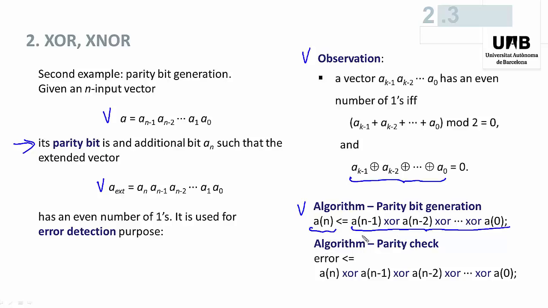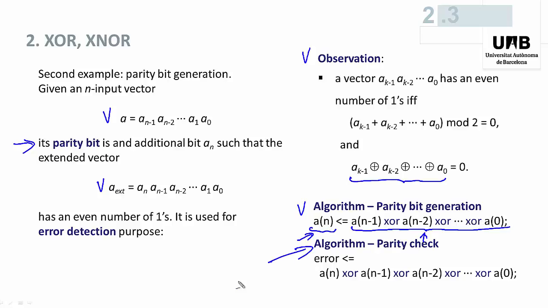On the contrary, if there is an odd number of 1s in this set of components from an-1 down to a0, then the XOR function will be equal to 1 and the new bit will be equal to 1, so that the extended vector A will have an even number of 1s.